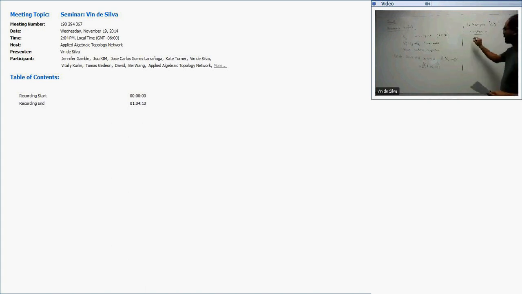For interleaving, you pick an epsilon, and you look for linear maps in two directions: V_t to W_{t+epsilon}, and from W_t to V_{t+epsilon}.